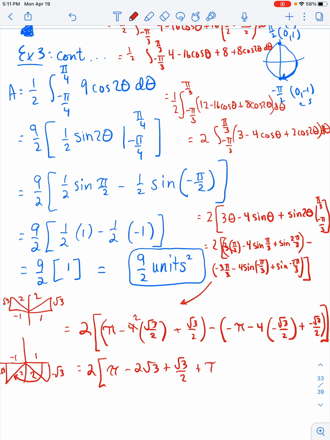Pi minus 2 root 3 plus square root of 3 over 2. This is plus pi. Negative times a negative 4 is a positive 4, but then I have to multiply it by a negative, and that's going to be negative, and then the 2 cancels with the 4. Negative 2 root 3. And then this negative times that negative, positive root 3 over 2.